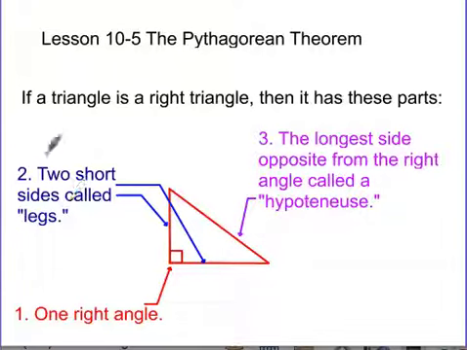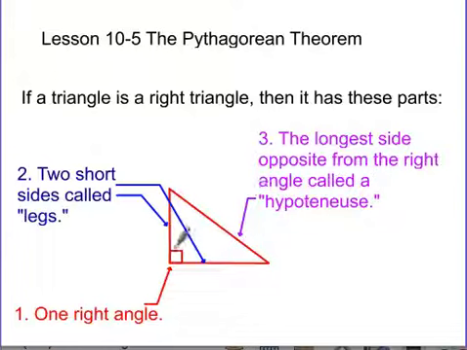It's going to have two sides that are called legs, and those are the two short sides of the triangle. And then the longest side is always the side that's across from, or opposite from, the right angle. And it's got a special name in right triangles. It's called a hypotenuse. I don't know what that word means other than it's the long side of a right triangle.